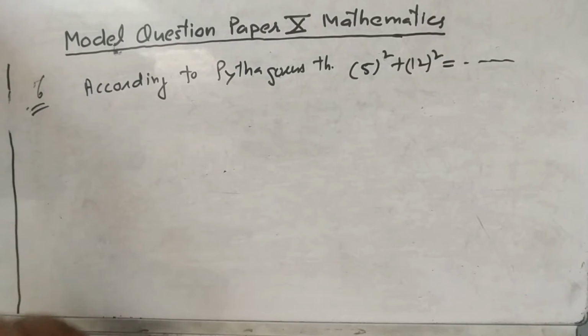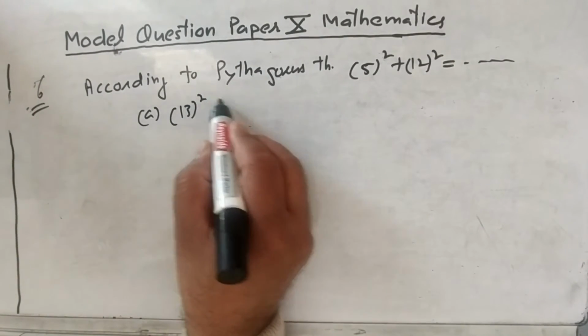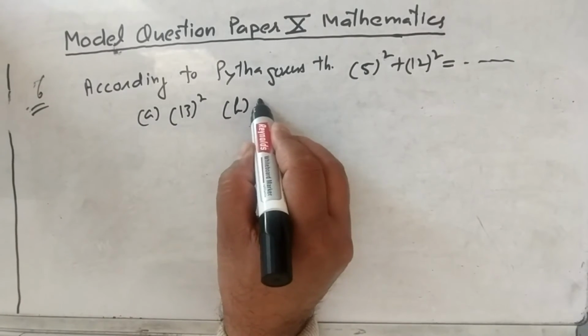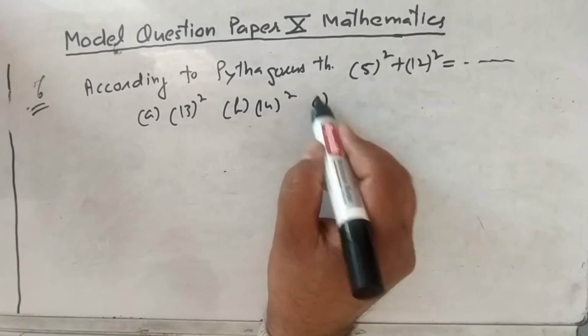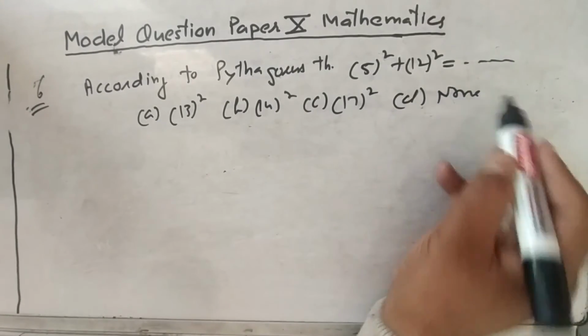This is the question. So the A part is 13 square, B part is 14 square, C part is 17 square, D part is none. So children, this is the question.